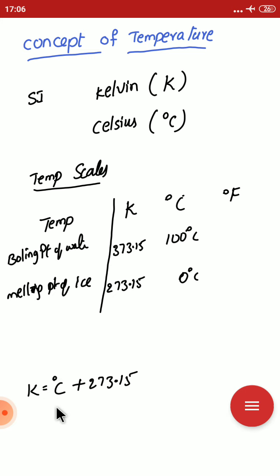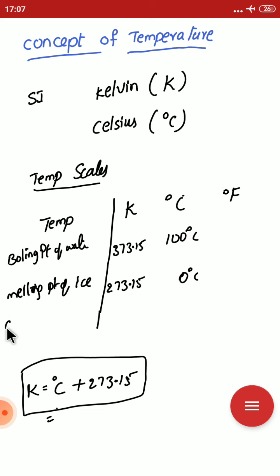If you know a value in degrees Celsius, you can convert it into Kelvin simply by adding 273.15. Similarly, absolute zero is minus 273 degrees Celsius.